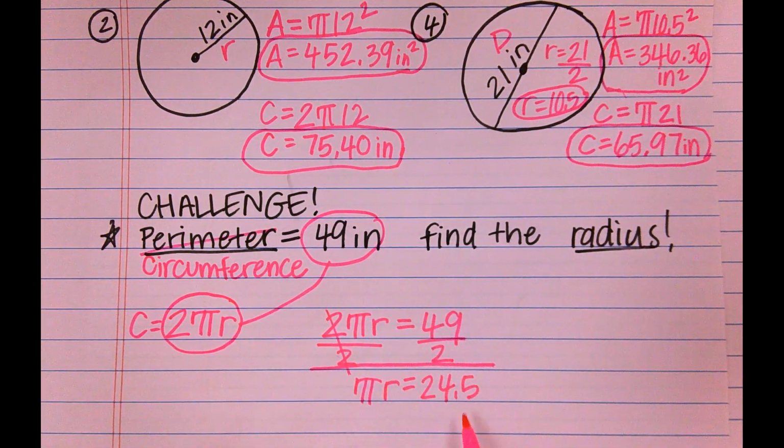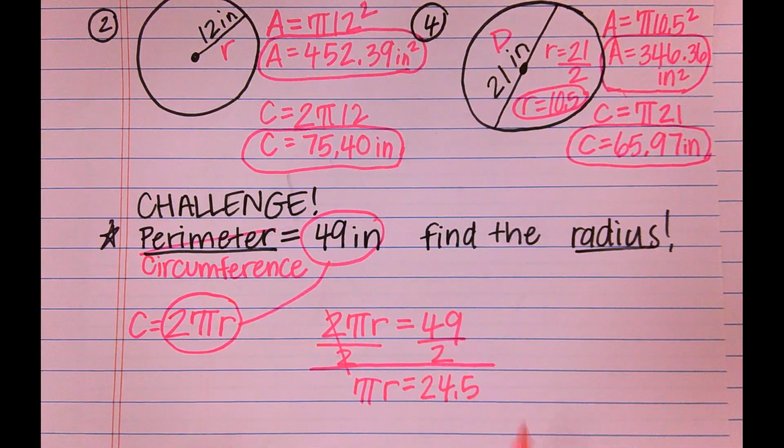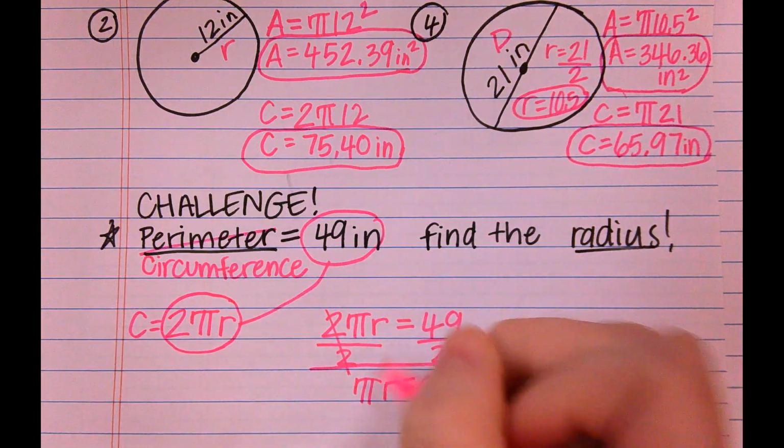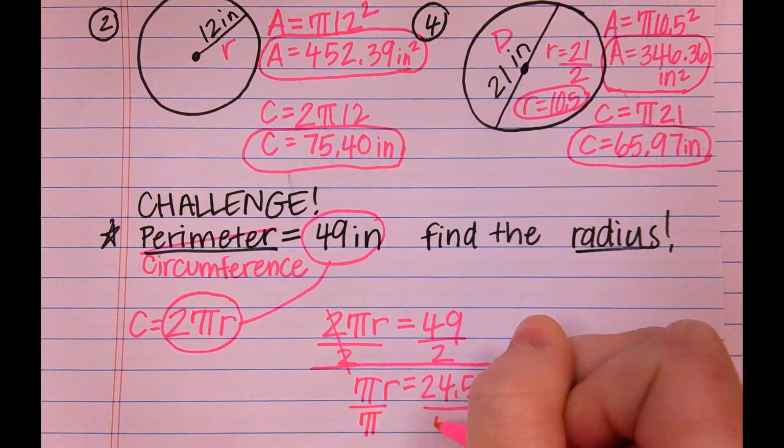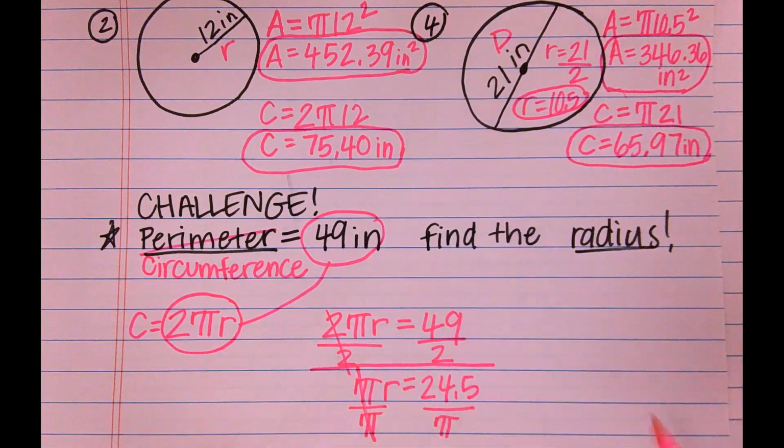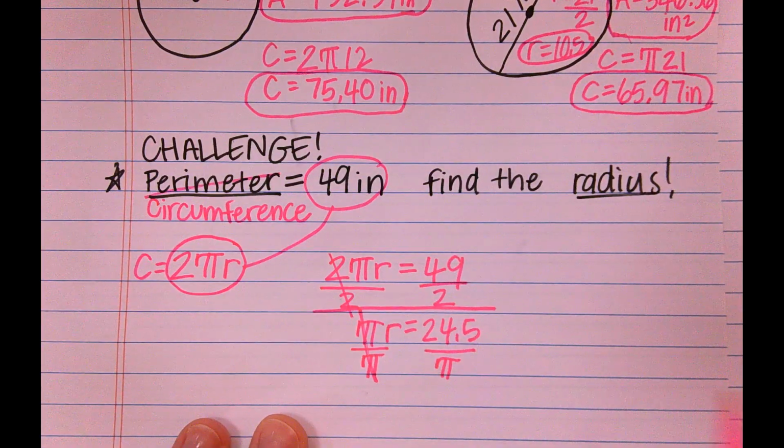Inches, yes. And now this is where we go to Jaden's idea because we still don't have the radius by itself. So this just means pi times radius. Let's divide by pi to get radius by itself, which will cancel it.